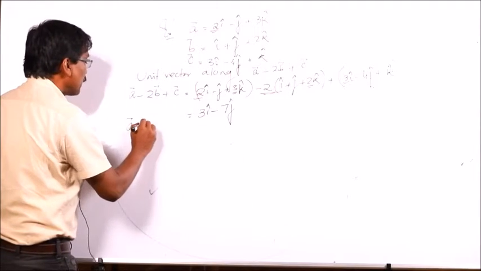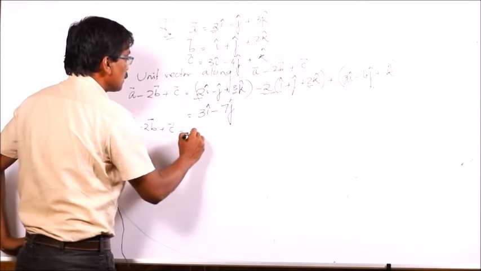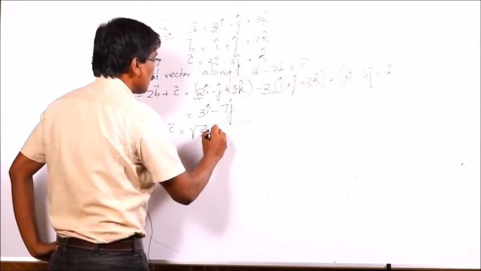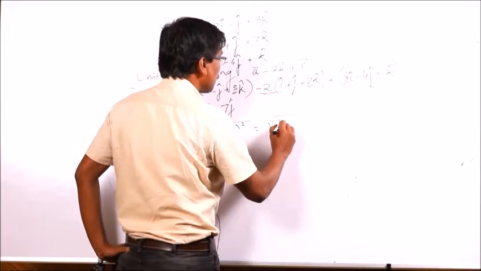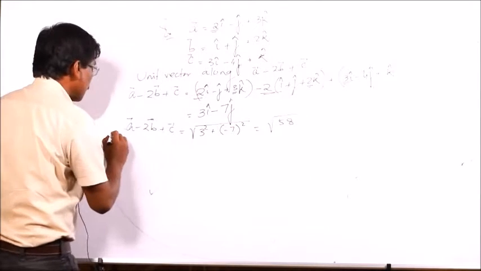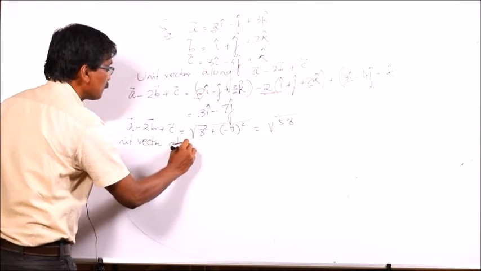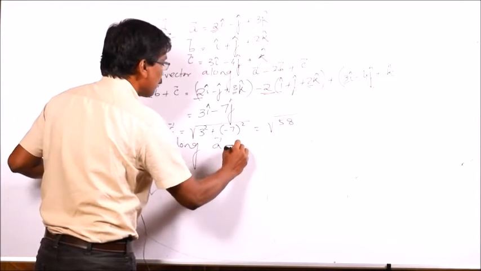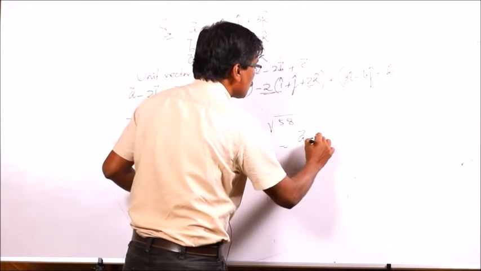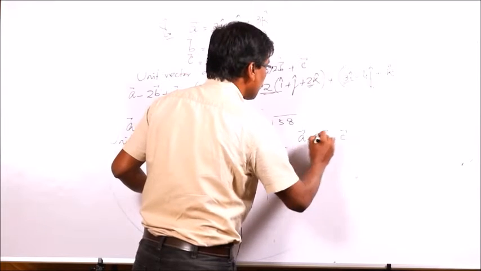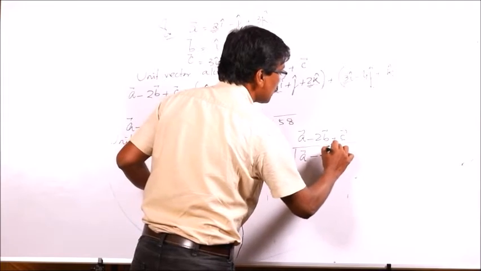Next, the magnitude of A minus 2B plus C vector is equal to root over 3 square plus minus 7 square. So that is equal to root 58. So the unit vector along A minus 2B plus C vector is nothing but A minus 2B plus C vector divided by the magnitude of A minus 2B plus C vector.